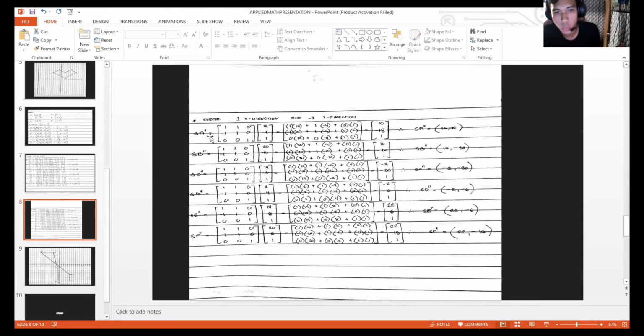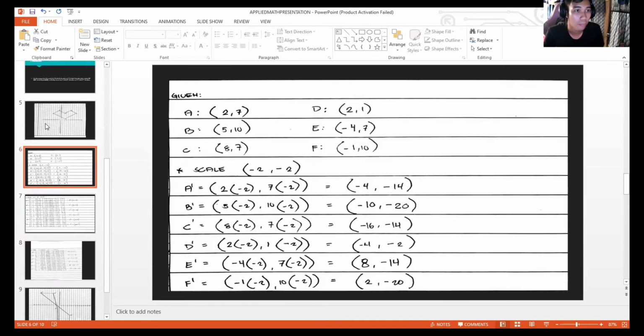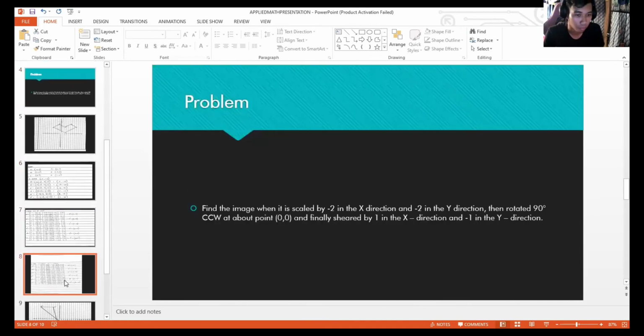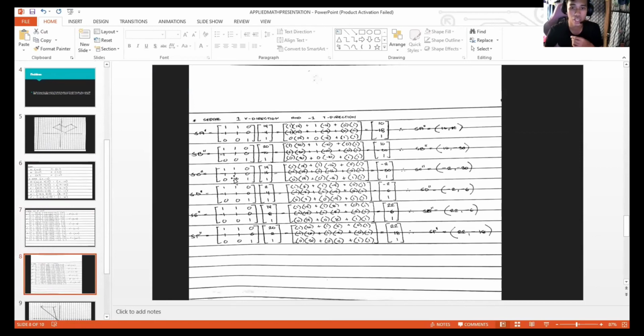We shear by 1 in the x direction and -1 in the y direction, since this is the given question, as you can see here. When it comes to shearing, there is also a constant matrix that we are going to use. It is the same as our rotation, but a different pattern.